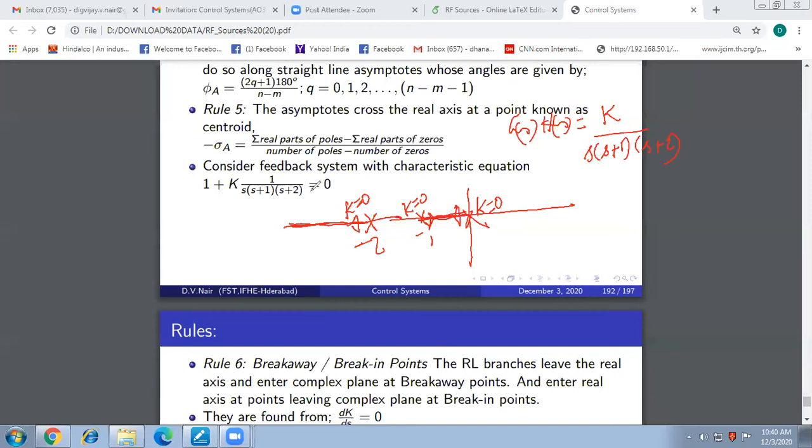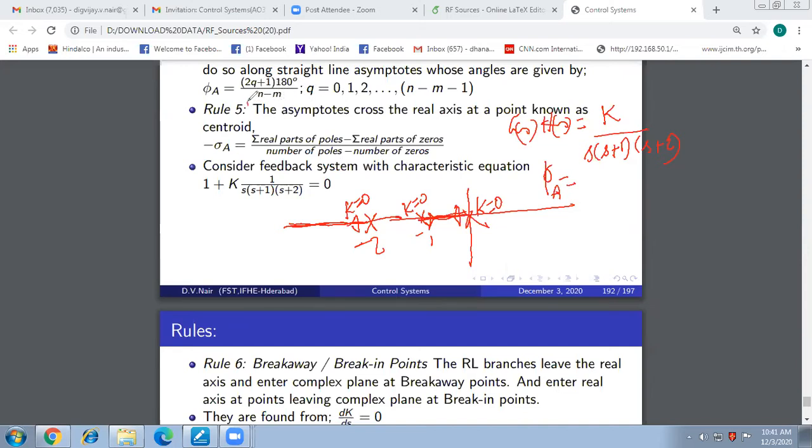But first let us understand rule number 5, which tells us how many asymptotes there will be for this open loop system. Three asymptotes will be there. And what will be the angle of the asymptotes? The angle of asymptotes is given by phi A, obtained by putting n minus m, which is 3.